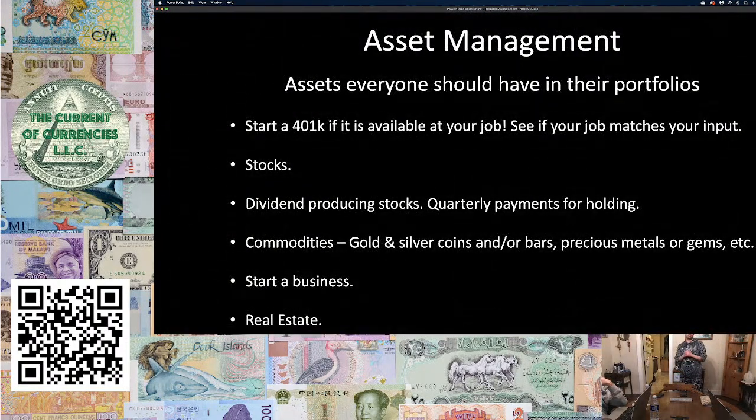Assets everyone should have in their portfolio. Now, if you're a typical person just working a job, a 401k is definitely going to be one of your best bets. It's just a way to put away wealth and store it in a place where it will most likely appreciate over time. Stocks are a very simple way to, again, have assets in your portfolio.